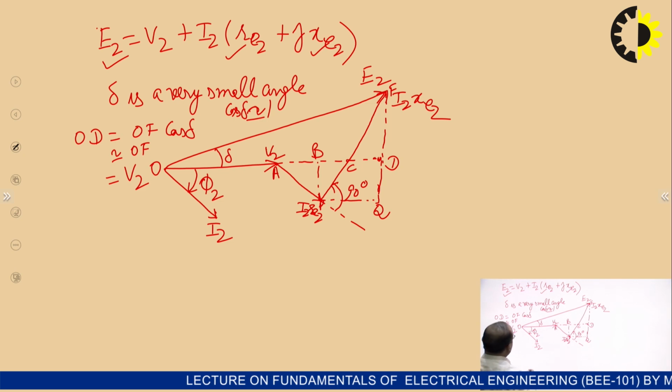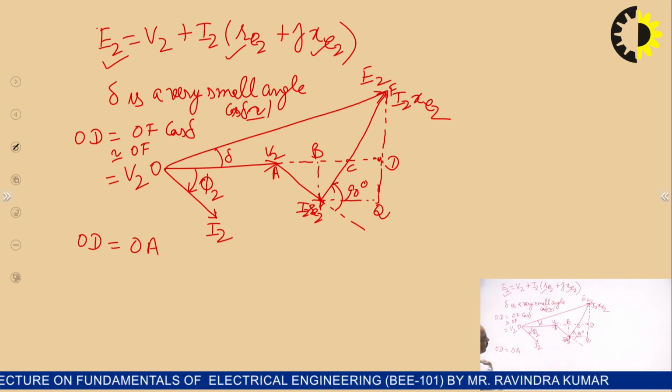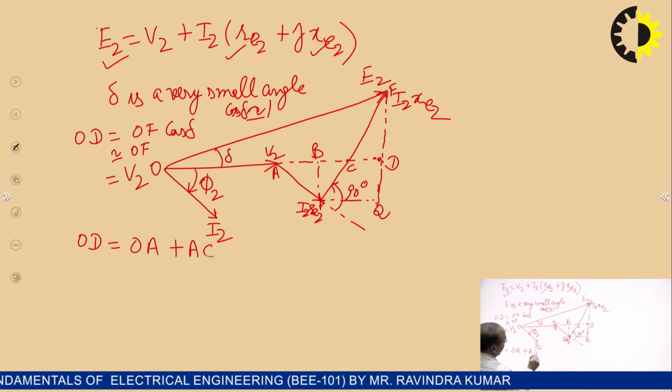So, now I can write OD equals, from the diagram, OA plus AC, rather than AC, I will be taking it AB. Why? That will be clear in the further discussion.